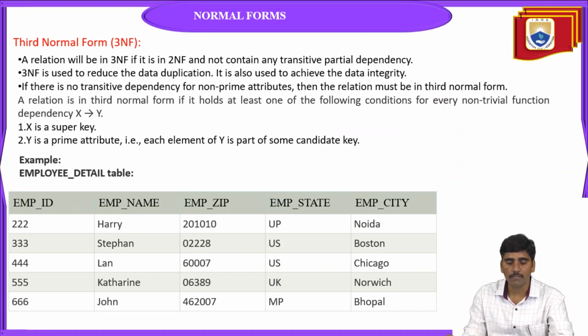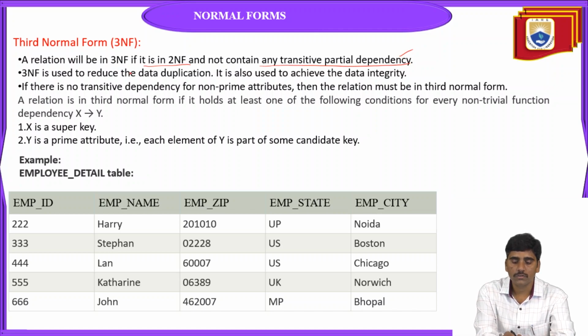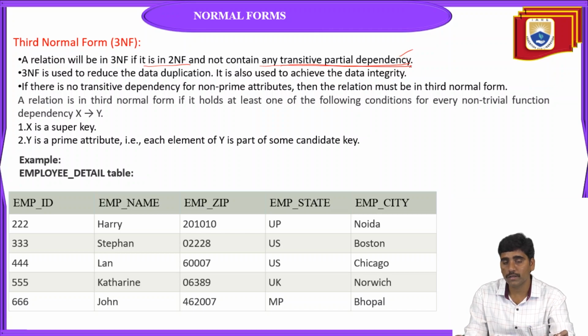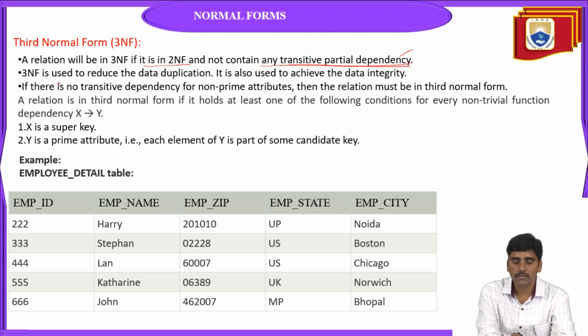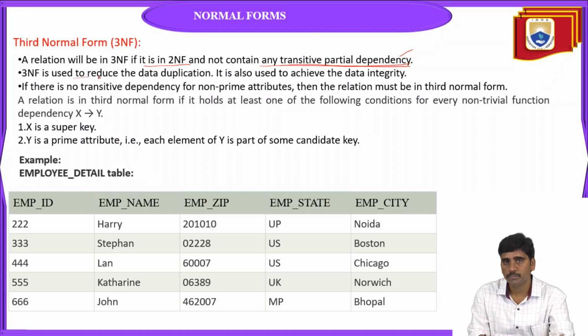And third normal form: a relation will be in third normal form if it is in second normal form and does not contain any transitive partial dependency. Third normal form is used to reduce data duplication.